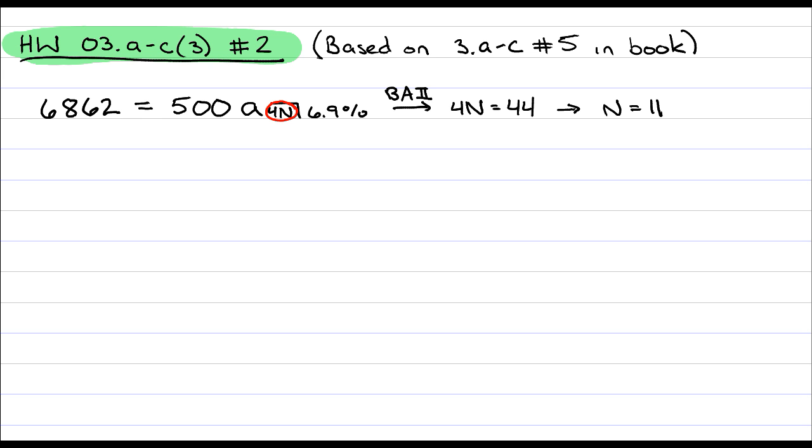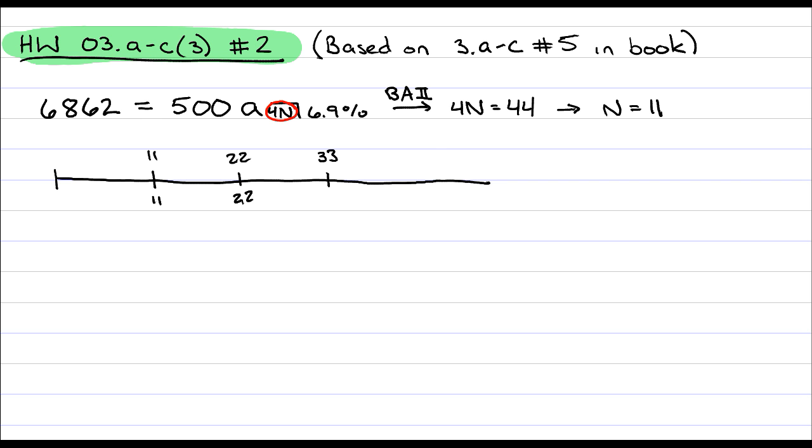The first thing we want to do is just calculate the present value of those 22 payments, the first 11 and the third 11. So if I were going to draw this in a diagram, we have time 11, time 22, 33, and also time 44.